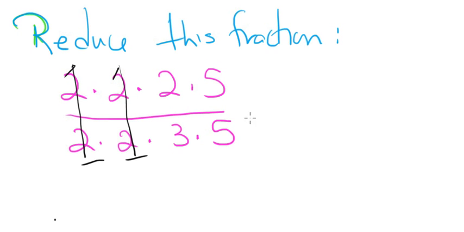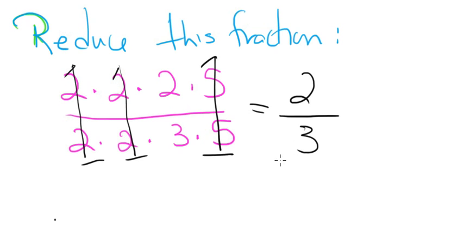Why can't I make 5 over 5 a 1? Well, I should. That's what I did over here, right? All right, so now I have 1 times 1 times 2 times 1. What's my answer here going to be? On top, 2. What's my answer on the bottom going to be? 3. There's my answer, right? Everybody agree with that? Everybody see that? Any problems?